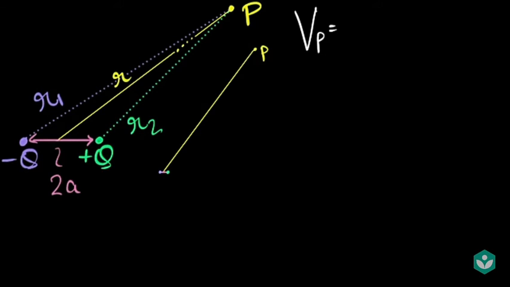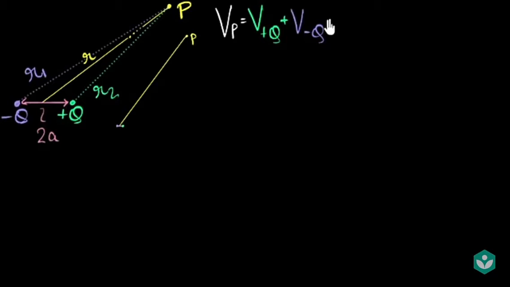So the electric potential at point P is going to be the potential due to a positive q at point P plus the potential due to the negative q. You might be thinking the negative sign comes here itself.